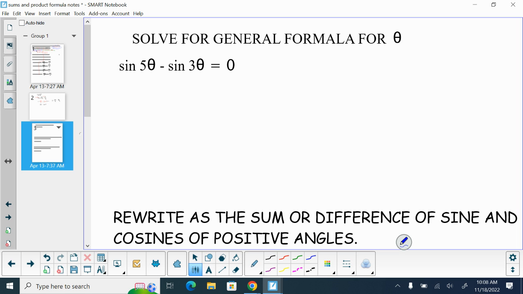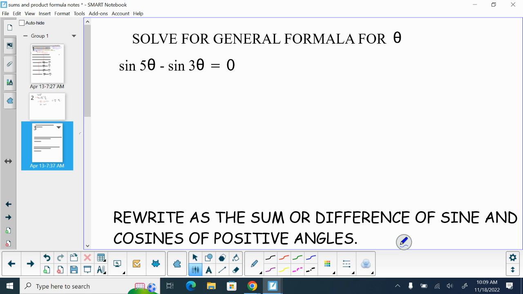Well, we cannot combine these together. We can't say this is the sine of 2 theta and be able to solve the equation. But what we can do is utilize the formulas to rewrite our equation and take it out of the addition-subtraction form and put it into a multiplication form.